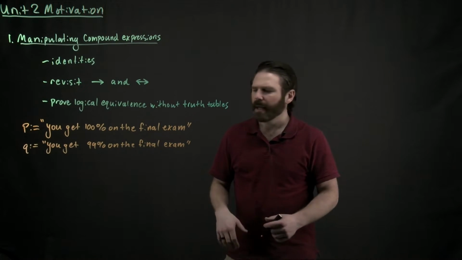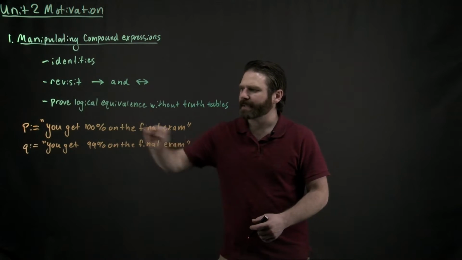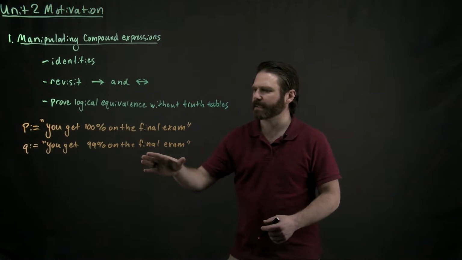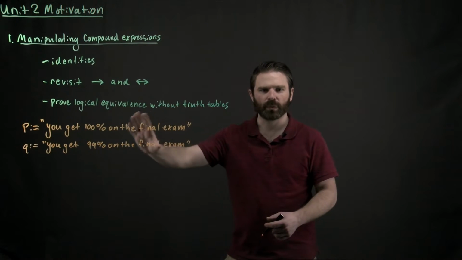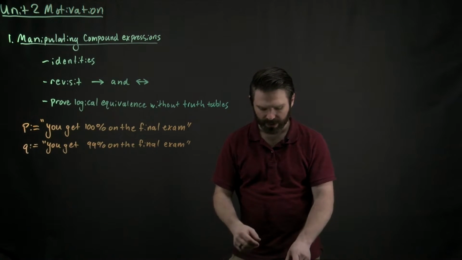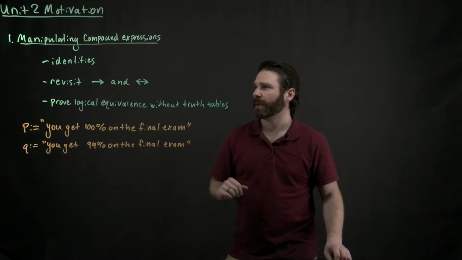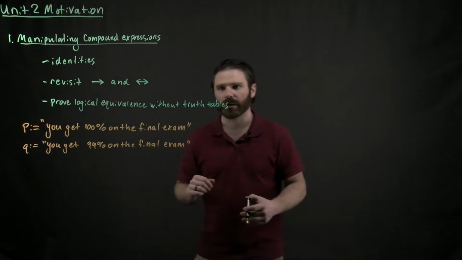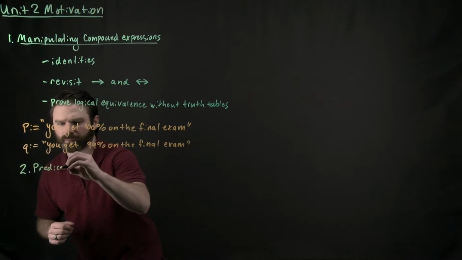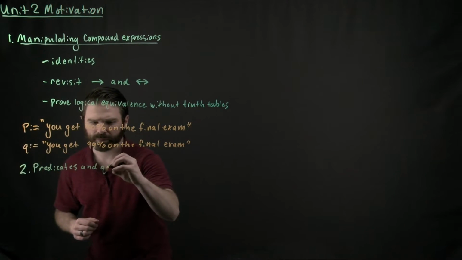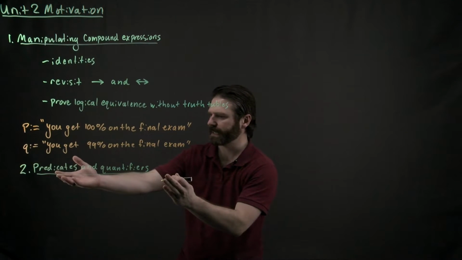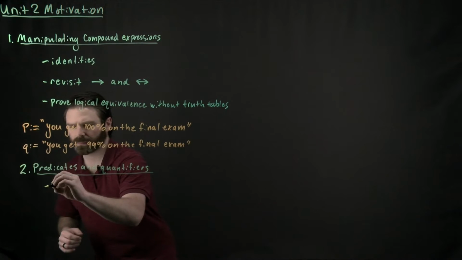And when we have an x, we will be able to change that value of x to get a whole different range and a whole different class of propositions. So the second part of this unit 2 is going to be predicates and quantifiers.